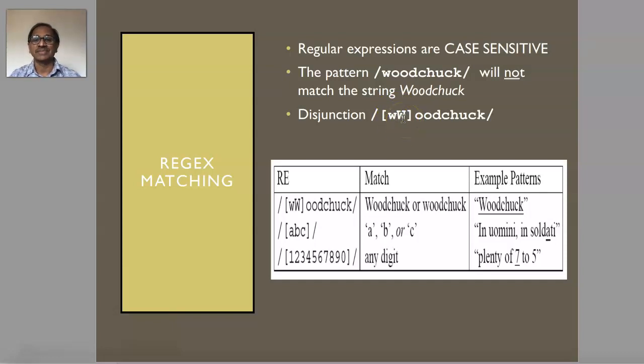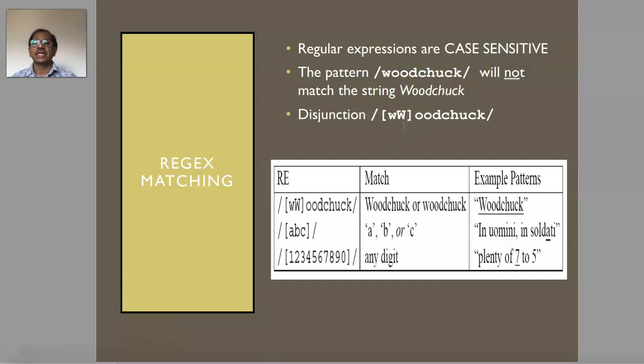That means there is a disjunction between small w and capital W. So either this or this, and the rest of the letters. If this is your regular expression, then it will match both woodchuck with a small letter and Woodchuck with a capital letter. So there is a disjunction operation here, right?